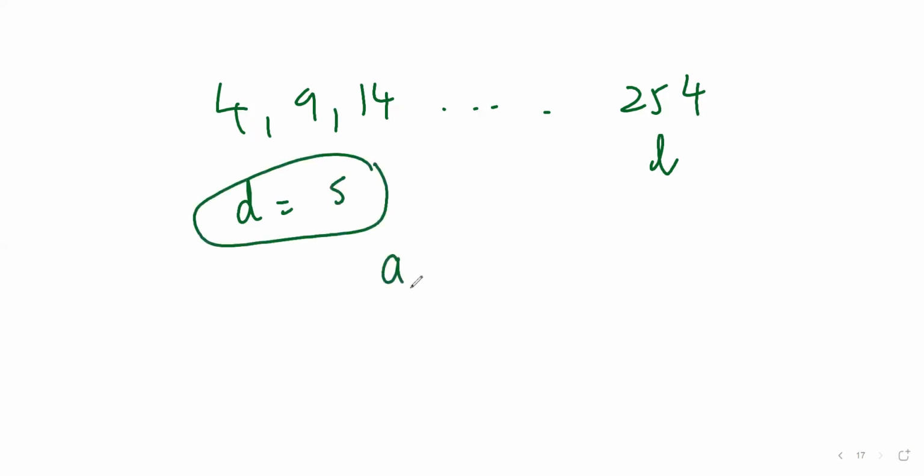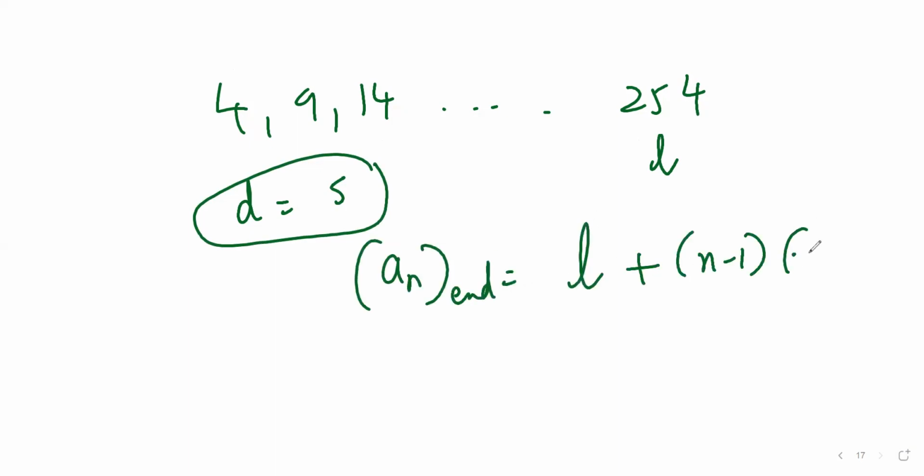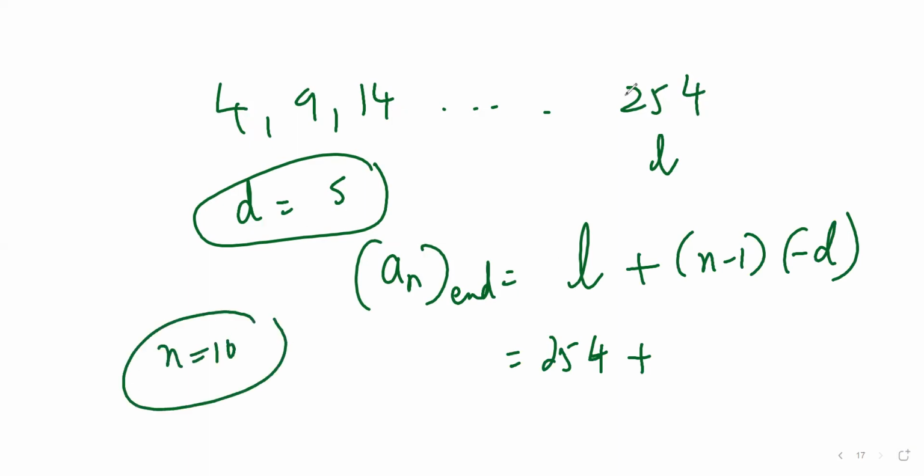The formula for the term from the end is, instead of A, you write L plus n minus 1 into minus D. So it is 254 plus n minus 1 into minus D. Suppose I ask you for the 10th term from the end, from the L side, the last term side.